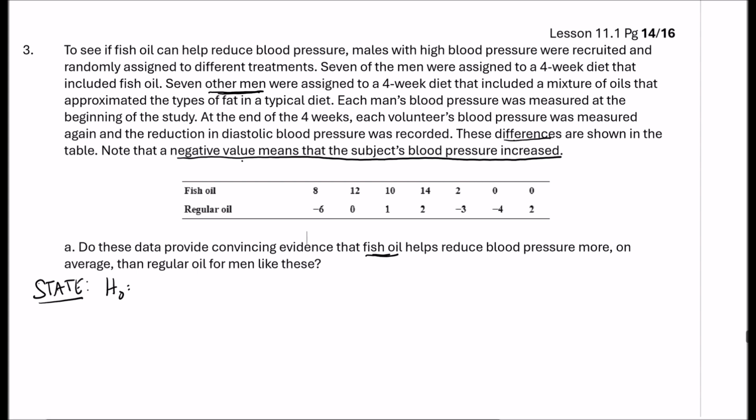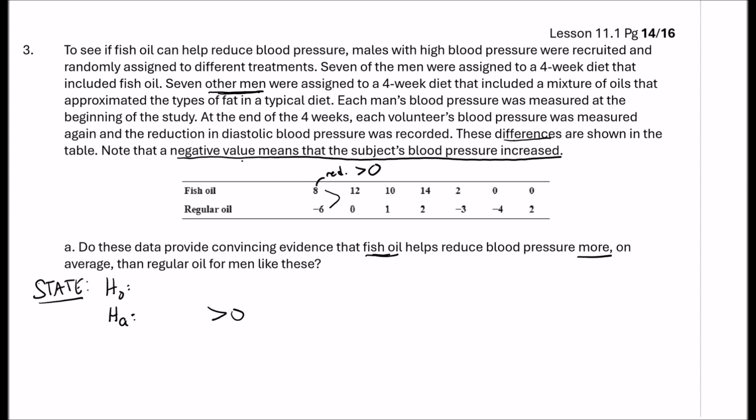So when we want to see if they reduced the blood pressure more, what we're saying is that we want the difference to be greater than 0, okay? Because a reduction is greater than 0. You need to be very careful to note that. So when we do the HA, we want it to be greater than 0, when we subtract fish oil minus regular oil.